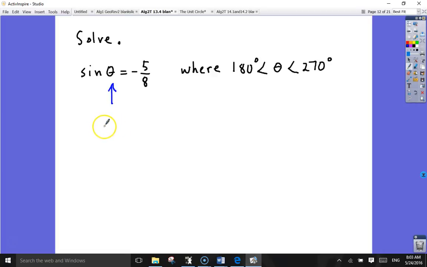You take sine inverse of both sides, right? Because we limited the domain and the range of these things, we can do sine inverse of the sine. We can take the composition of both of these things.